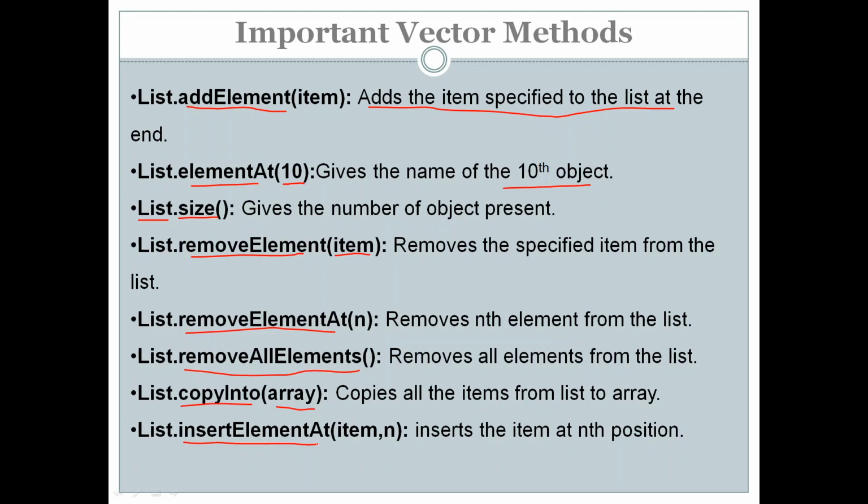We may add an element at the first position in the vector, or in between, or at the last position. So insertElementAt takes two arguments. First is the item which we want to insert, and second is the position where we want to insert it. So these are some important methods of the vector class. There are many other methods available in the vector class, but these are some important ones.